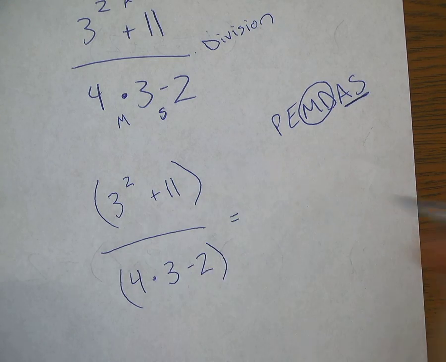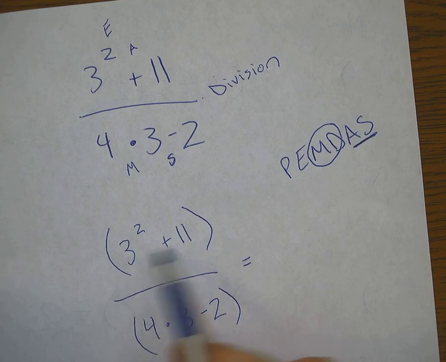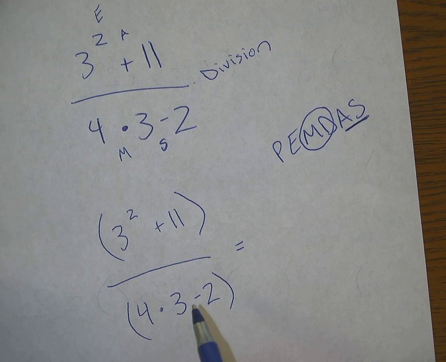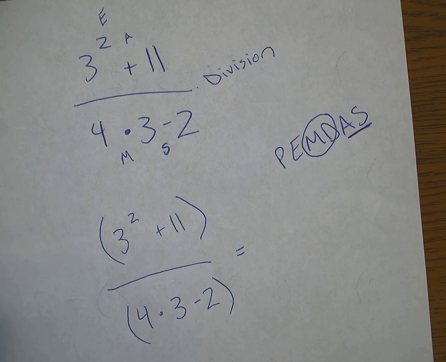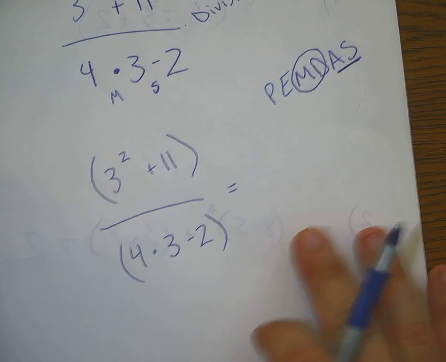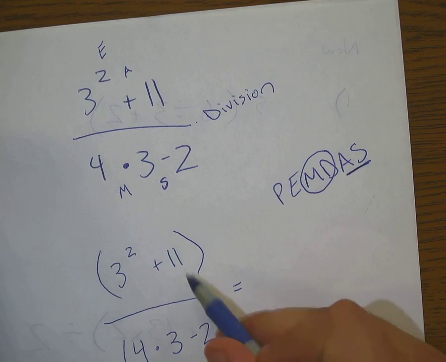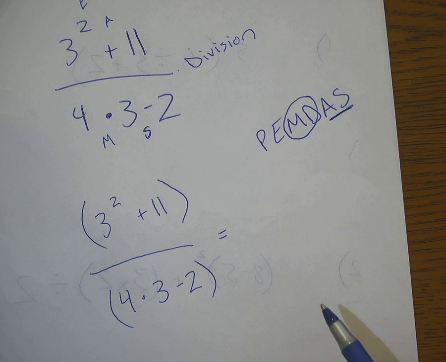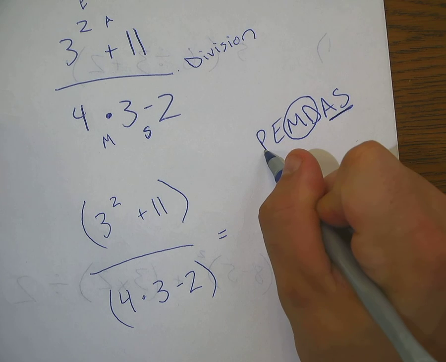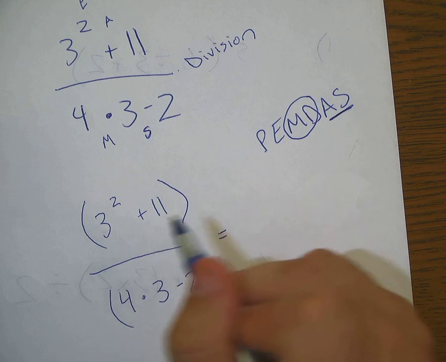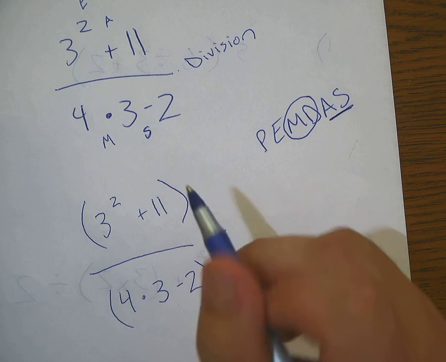The reason we do that is so that we can get one number for our numerator and we can get one number for our denominator. So, whenever we have a numerator and a denominator, we're going to treat it as though they're parentheses. And we know that whenever we have a parentheses, we work all of the operations inside that parentheses at once.